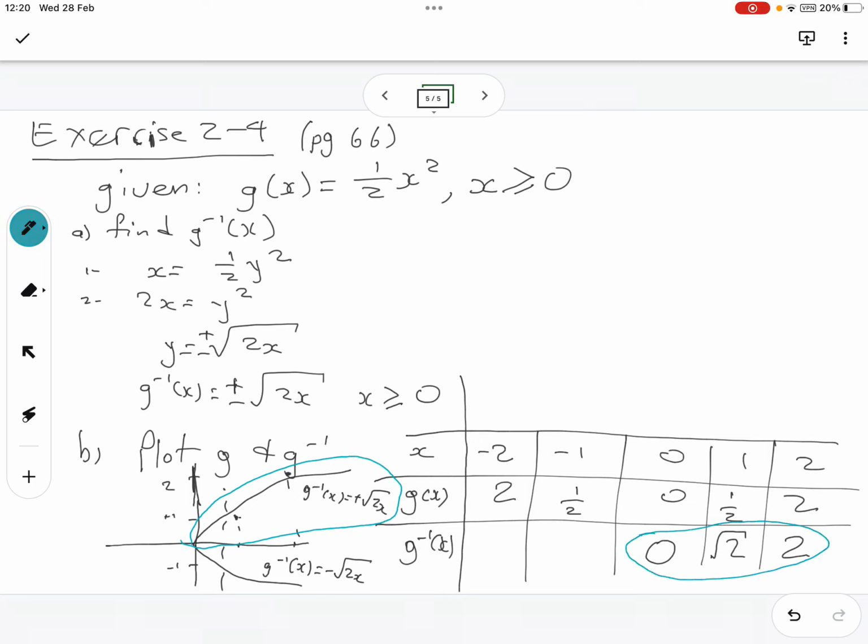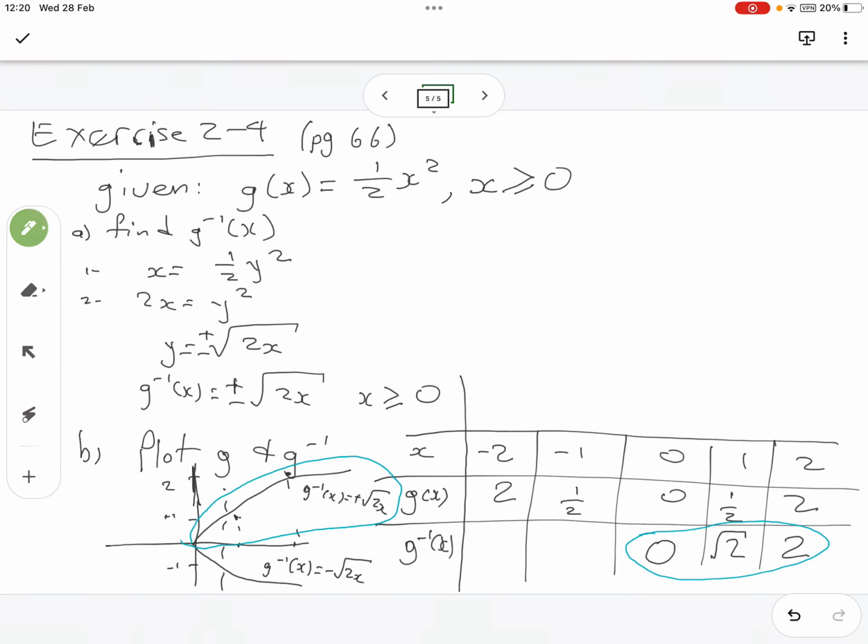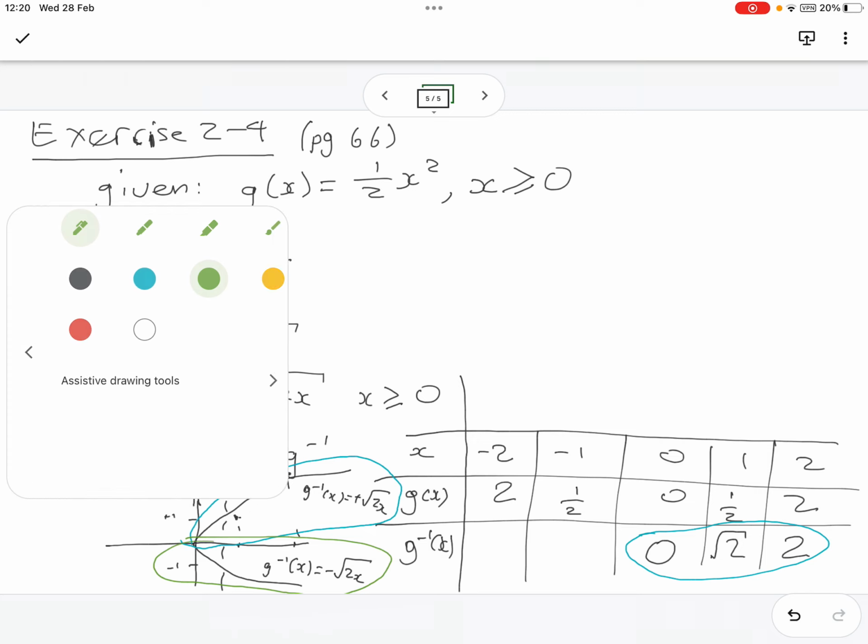So we must do the same process. You follow? Yeah, because we have two values of root 2x, the negative and the positive. So we must do it for the negative as well.